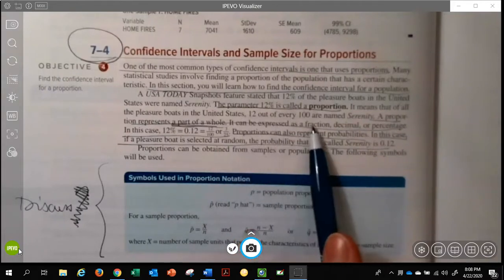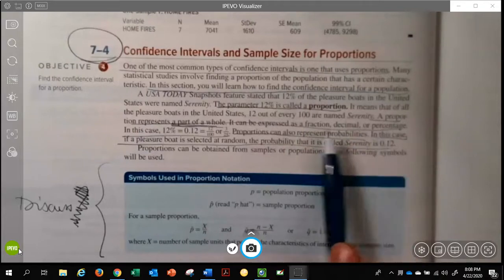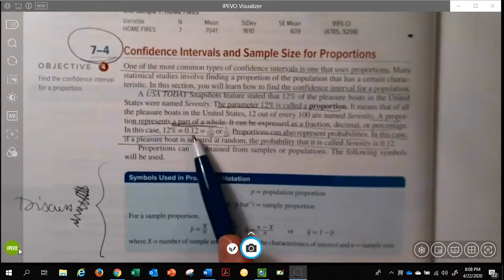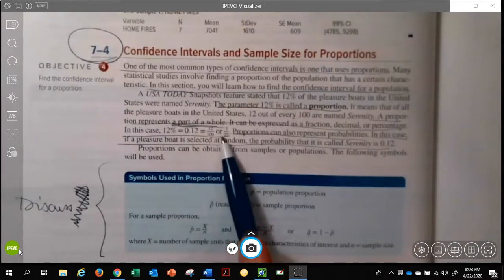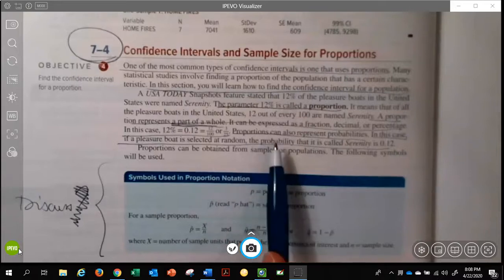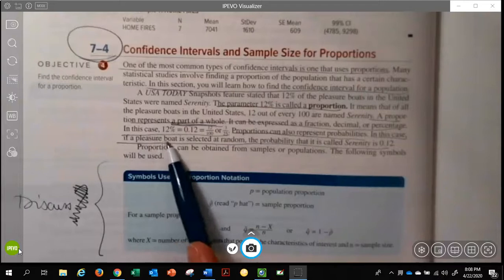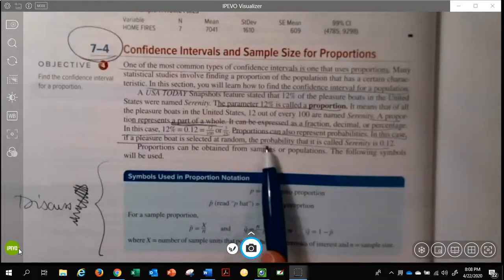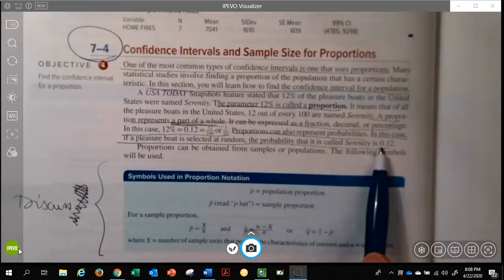It can be expressed as a fraction, which we can turn into a decimal, which we can turn into a percentage. In other words, we could call it 12%, or 12 hundredths, or 12 over 100, or we can reduce it. Proportions can also represent probabilities. So in this case, if a pleasure boat is selected at random, the probability that it is called Serenity is 0.12.